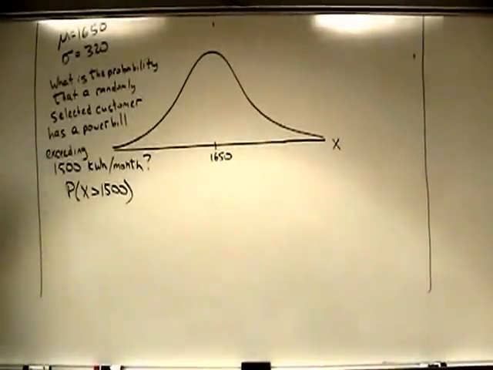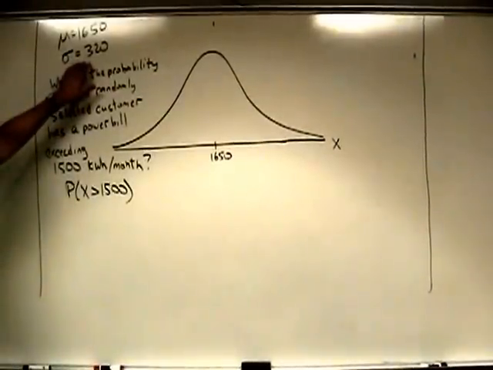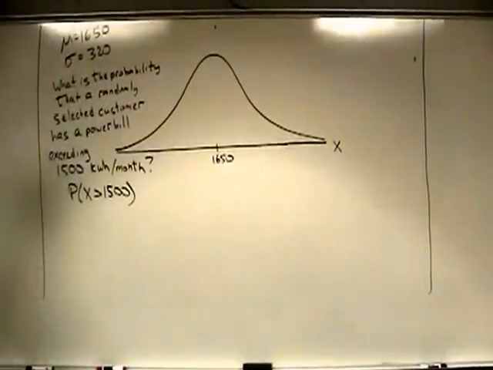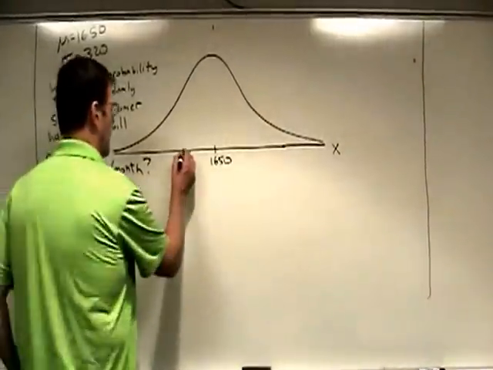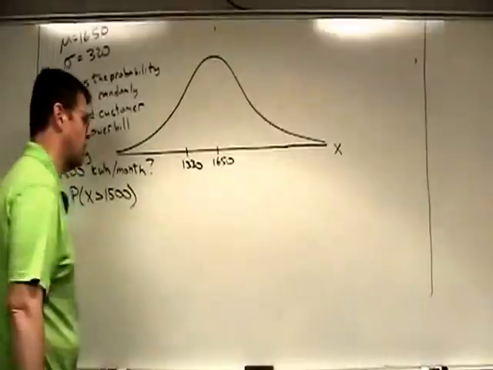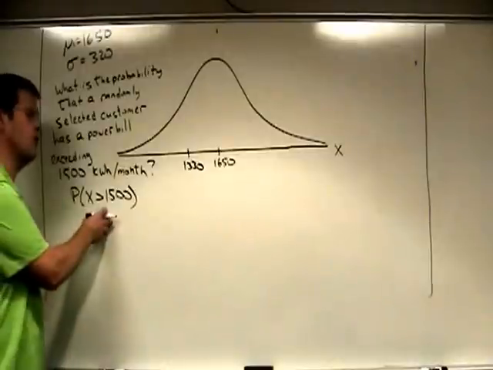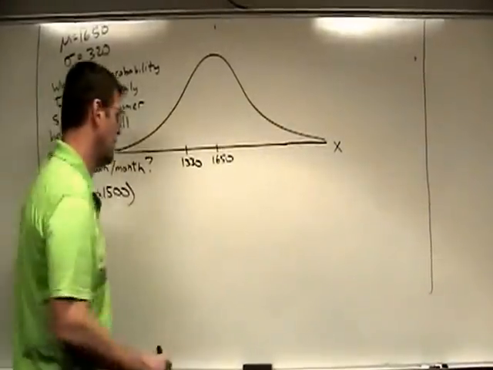If we want to put this on the graph, again, we can get an idea of where this falls on the graph because one standard deviation is 320. So as we drew this before, right here, this is at 1330. 1,500 is just a tiny bit closer to 1650 than it is to 1,300.